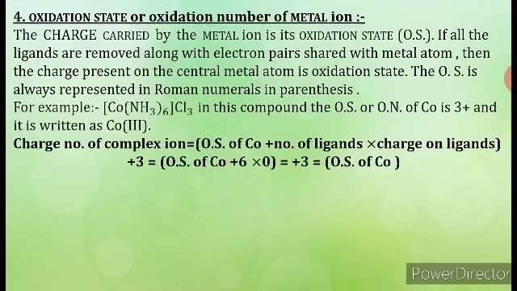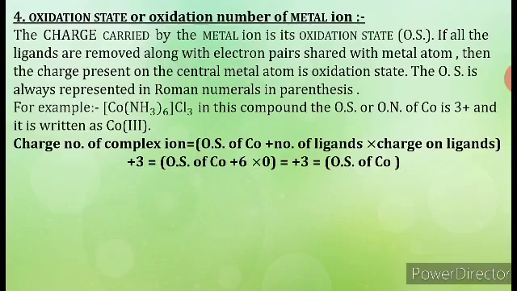So the oxidation state of cobalt is plus 3. By using this formula you can determine the oxidation state of cobalt if you know the charge on the ligand as well as the charge on the complex ion. In this way you can determine the oxidation state.